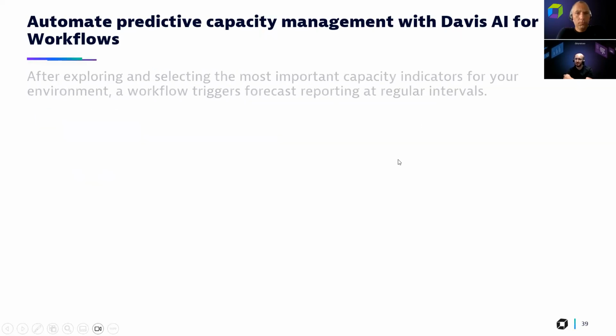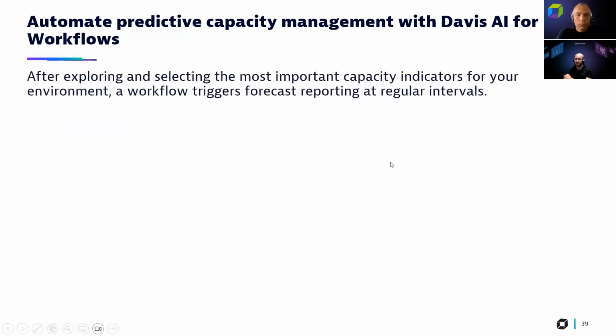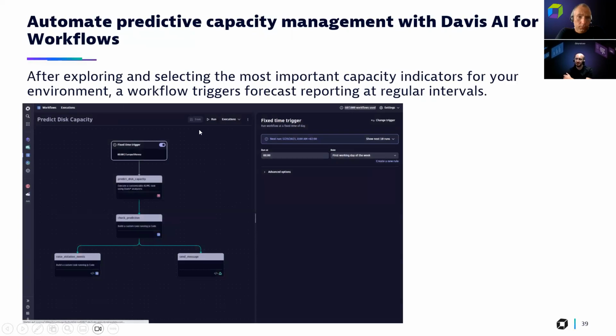As an example, we picked the disk free space metric. We defined that metric and the forecast data to understand when you will need to increase your disk space. We also integrated this workflow to trigger automatic reports at regular intervals.